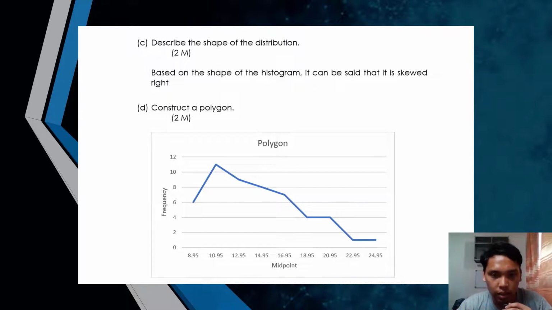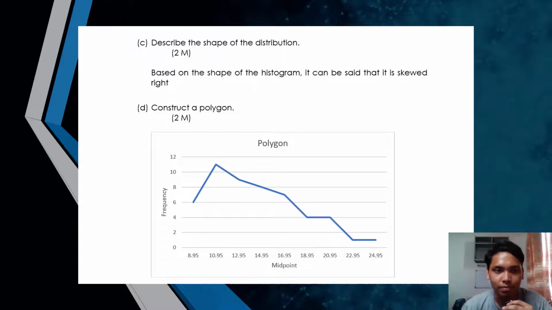Then frequency 1, midpoint 22.95, and also the same frequency 1, midpoint 24.95. After we have dotted all the frequency and midpoint, then we just draw a line to connect the dots, and it will be a polygon.